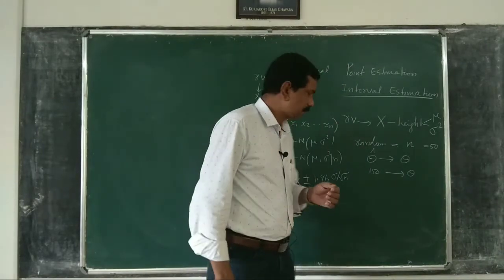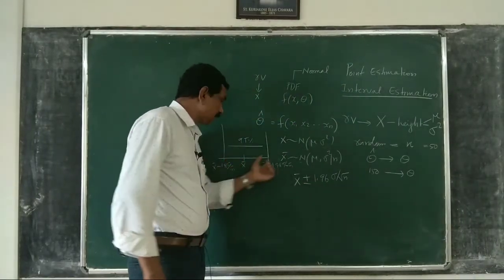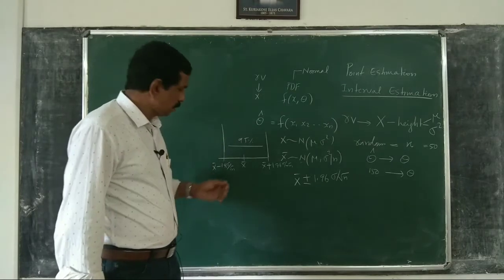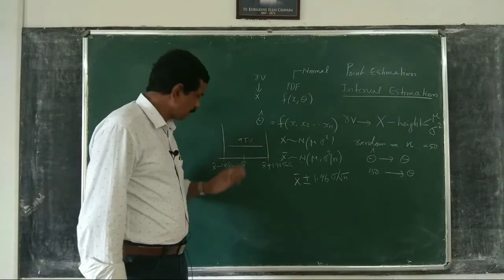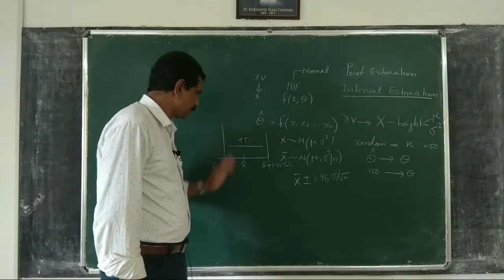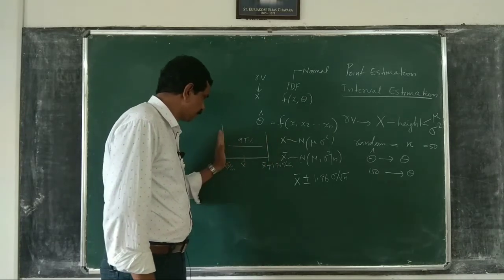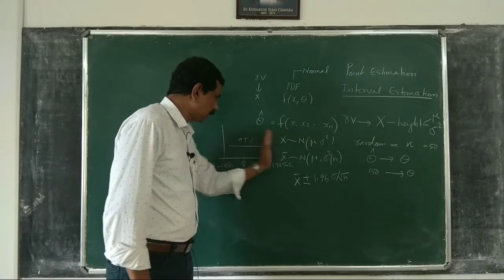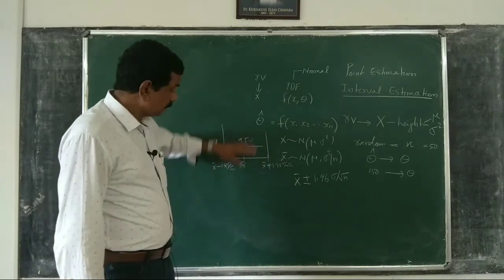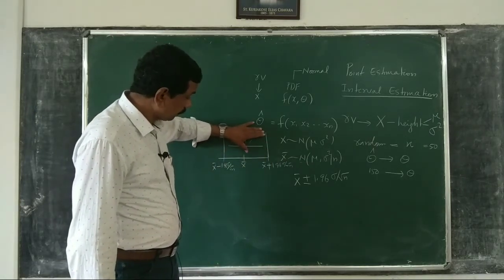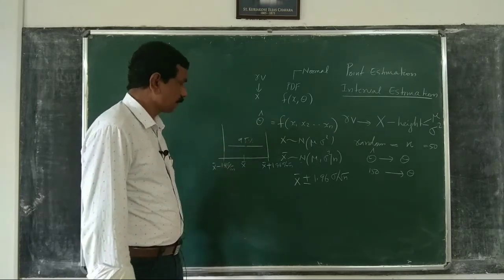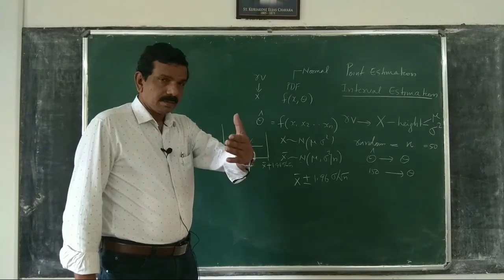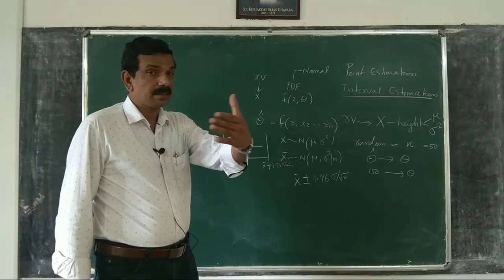And remember, this interval is a random interval because it depends on x bar and its standard error. It varies from sample to sample. When we say that the probability is 95% that the parameter will be included in such an interval, it must be carefully understood.